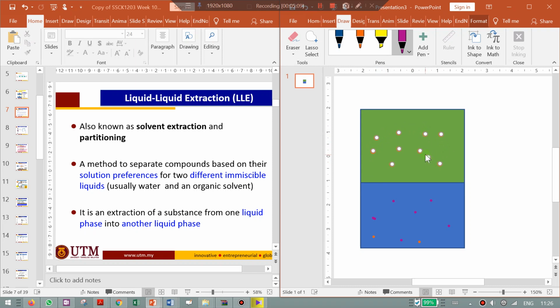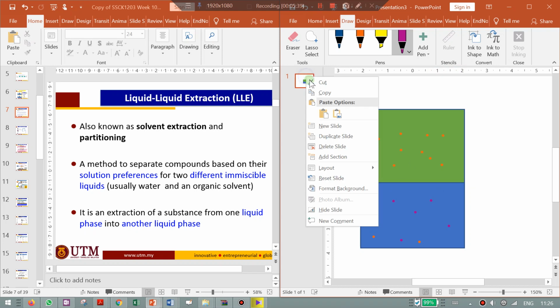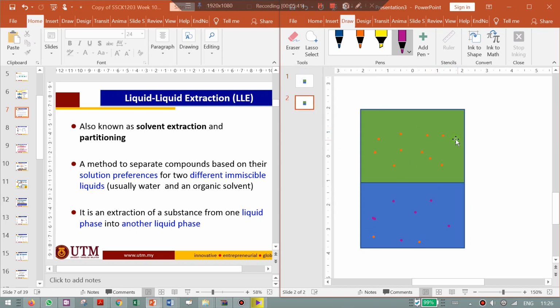Okay, let's say your analyte here is polar. How do you want to extract your analyte of interest by removing the impurities? As we can see over here, let me duplicate first. Let's say your analyte is polar.